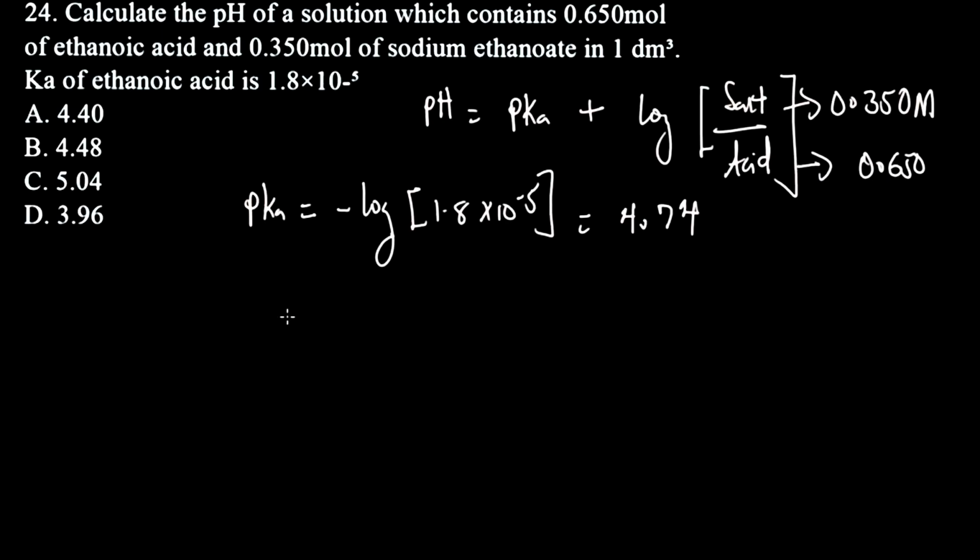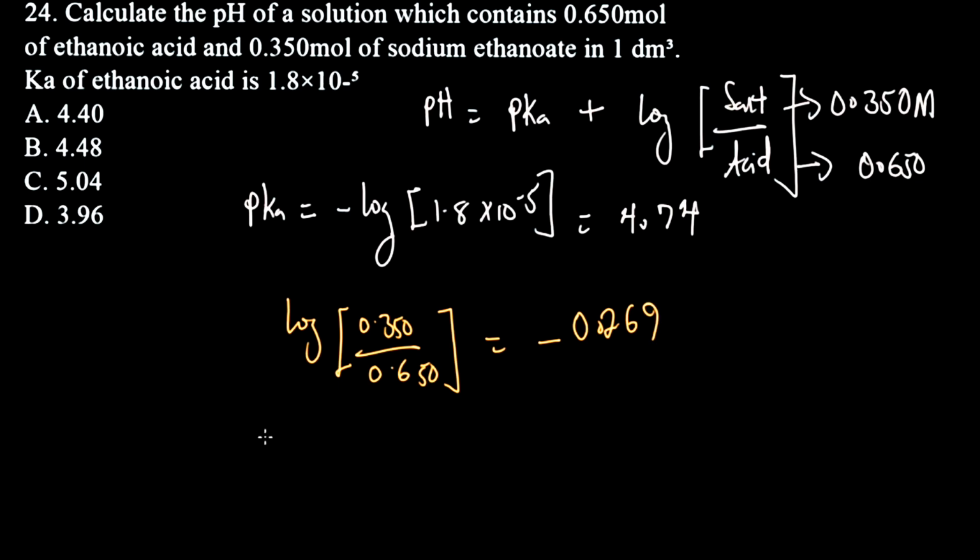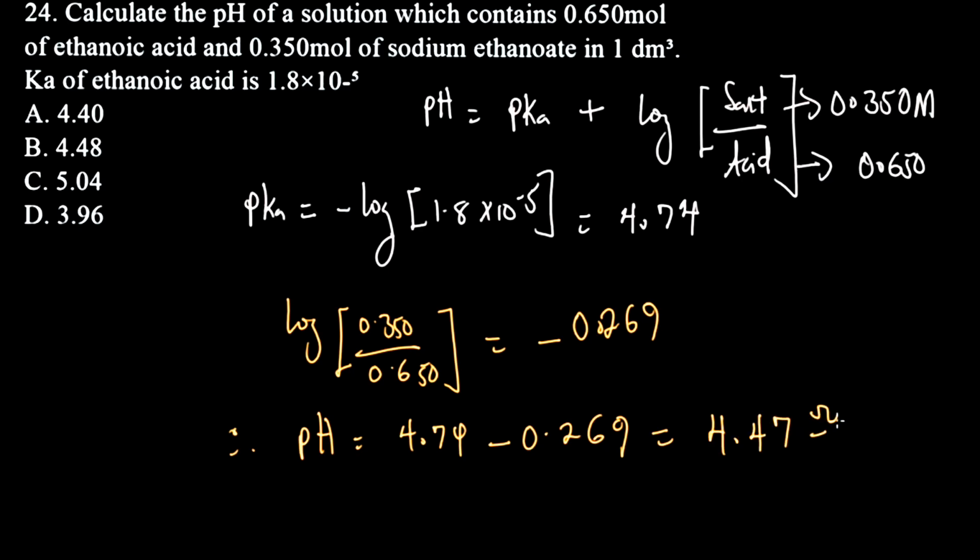So therefore log of 0.350 over 0.650 equals negative 0.269. So we have that pH equals 4.74 minus 0.269, which equals 4.47, which probably because of approximation should have been 4.48. So this is the answer.